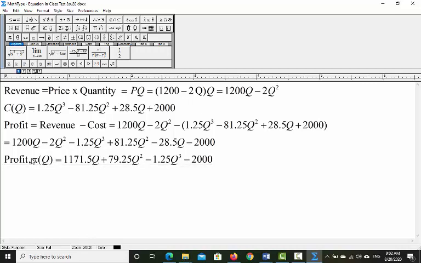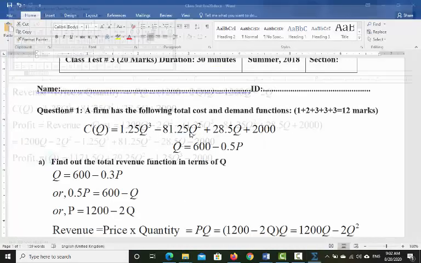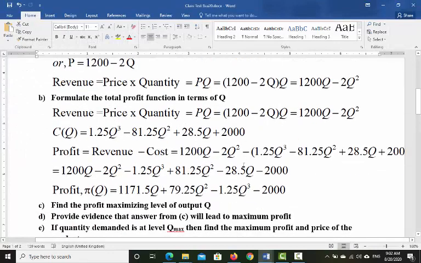If you don't like the Greek letter, you can name the profit function with any name. This doesn't really matter. Here Q is the variable, as you can see inside the bracket we have Q. Right, so that's the answer for part B.